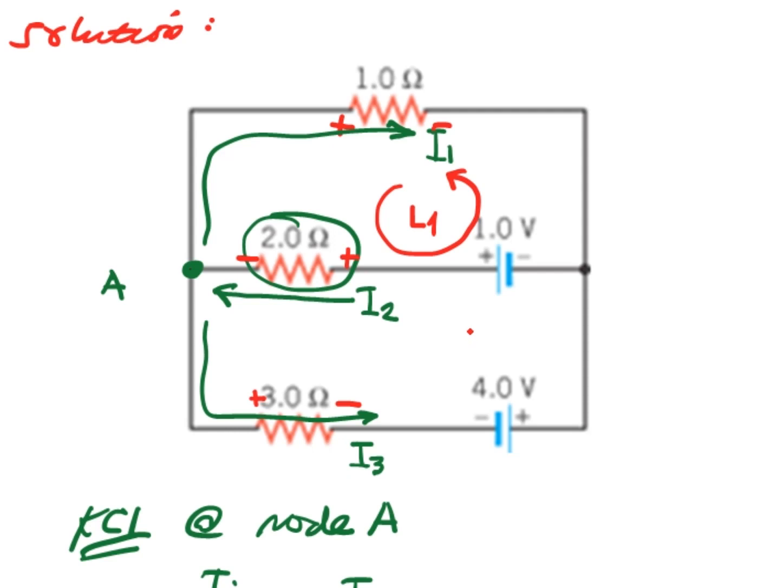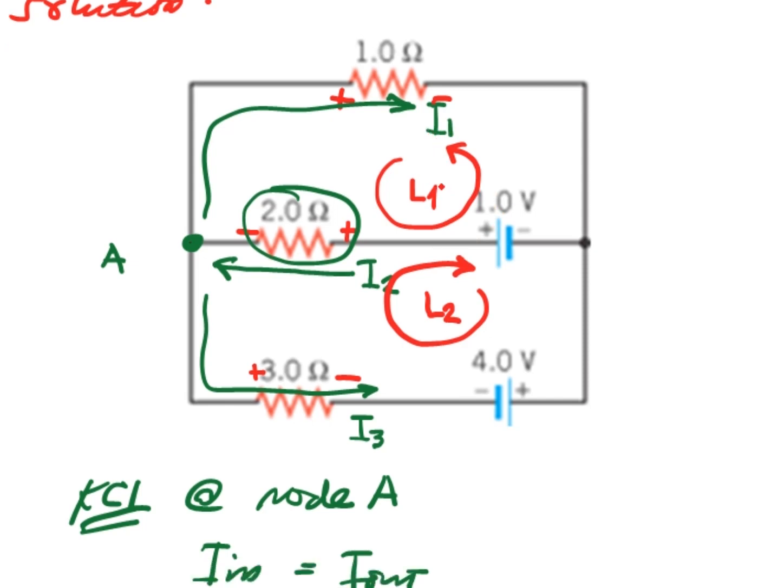So as much as possible, hindi siya magsasalungat. So if I will be assigning the direction of the loop for the lower part of this circuit, the direction should be in this direction. So para siyang gear, as much as possible, wag sumalungat doon sa loop mo on the upper part. So I will assign a clockwise direction for loop 2. Loop 1 is counter clockwise.